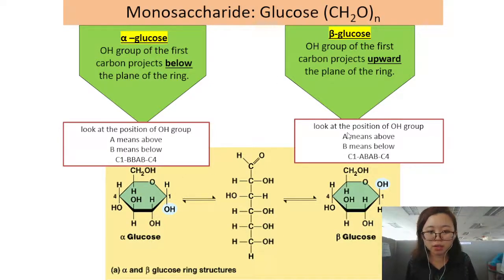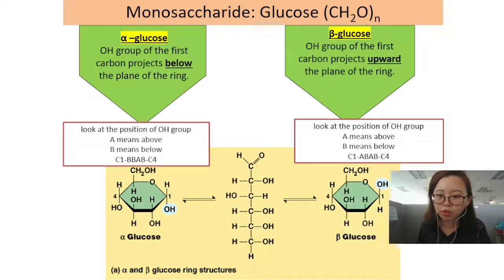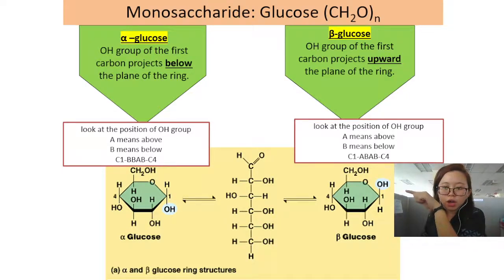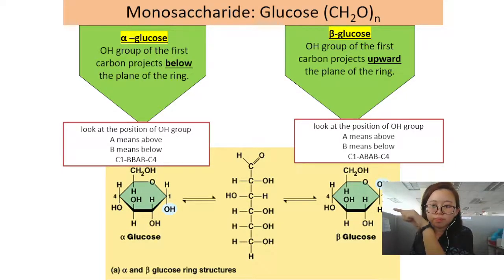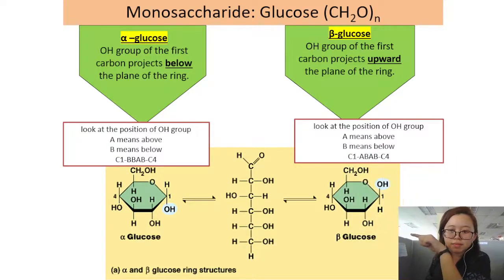If it is beta glucose, again, same linear structure, same carbon, same hydrogen, same oxygen amount, but the arrangement is different. So let's look at the arrangement for beta glucose. Kalau beta glucose, from the first carbon, OH is on top, then second carbon, third, fourth, fifth, sixth.